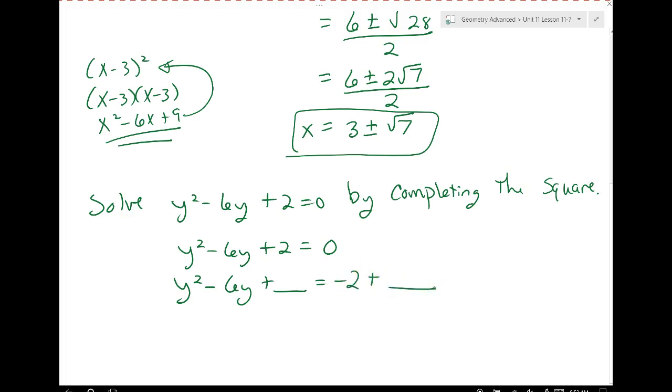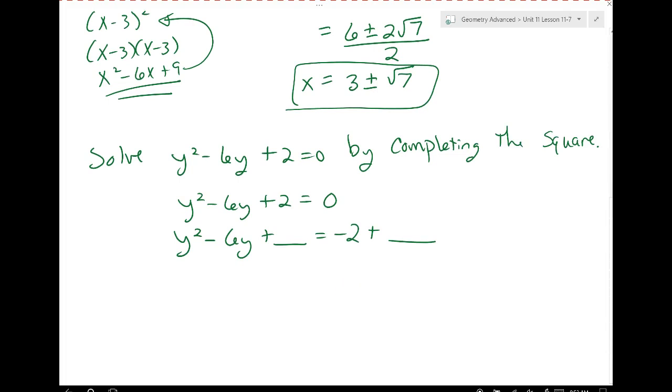Because remember, the rules about equations still have to hold true. If I do it to one side, I have to do it to what? Otherwise, it doesn't stay balanced, and we're doing it in a proper manner. Then you use the rule, and this is where it's a little bit different: you look at the term in front of the y. You see that negative 6? Does everyone see the negative 6? Divide it by 2. What do you get? Negative 3. This is what I need for you to do. Square it.